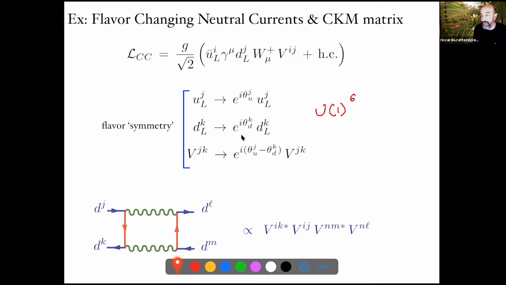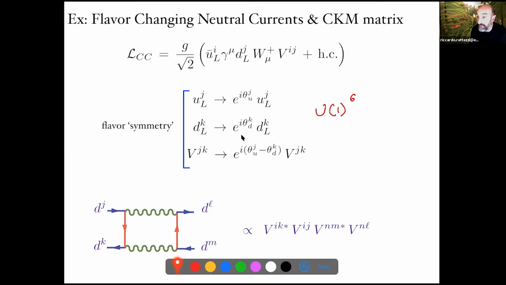You have an operator with specific quarks and anti-quarks of given flavors. So you know how the amplitude transforms under this symmetry, okay? And therefore you know immediately how it should depend on the V's, because the V's transform in the same way, okay?